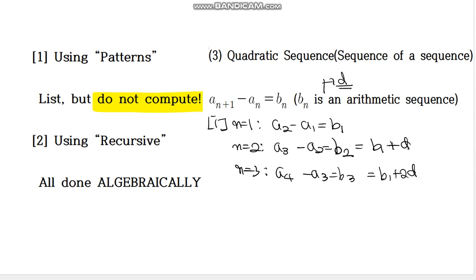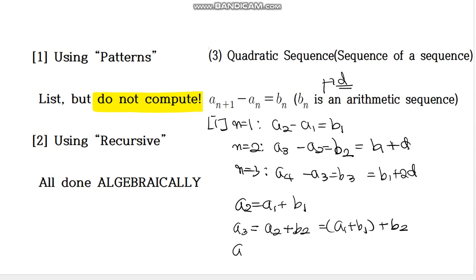Okay, then a2 can be rewritten as a1 plus b1, right? Then a3 can be rewritten as a2 plus b2, right? But now we do know how to rewrite a2 as a1 plus b1. Therefore, this is a1 plus b1, because I replaced a2 with this expression here, and then you have b2 there.